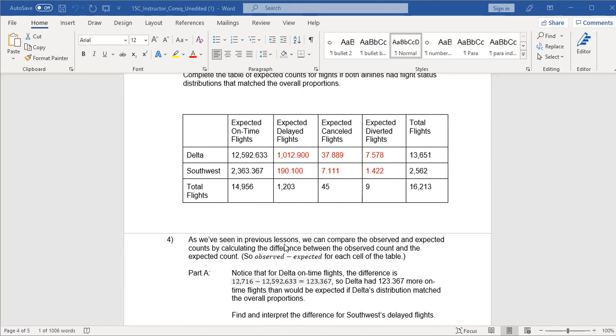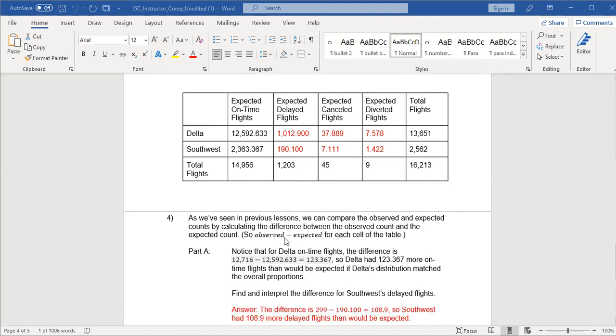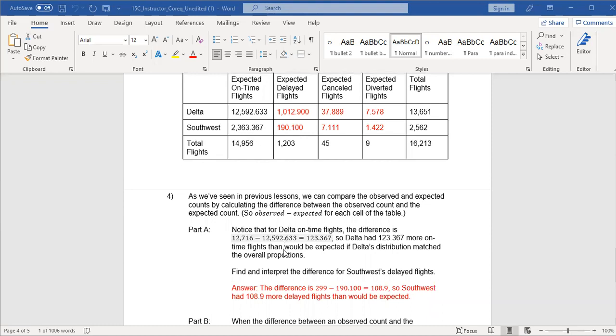We know the expected from the table, and the number of delayed was 299, and the expected delayed flights was 190.1.